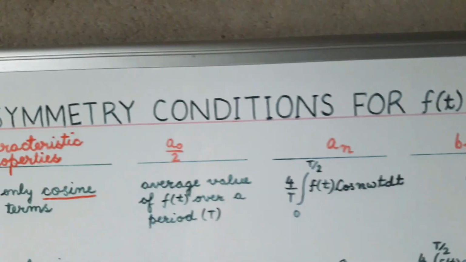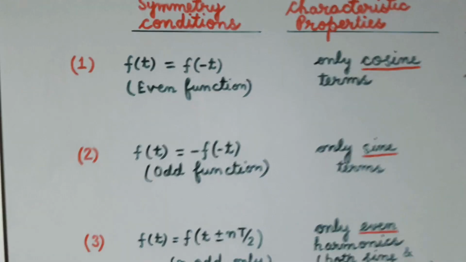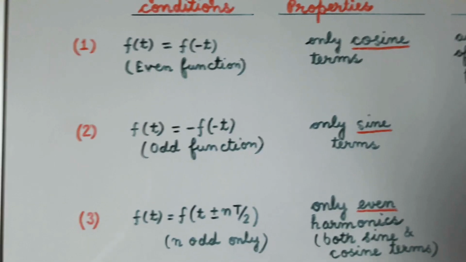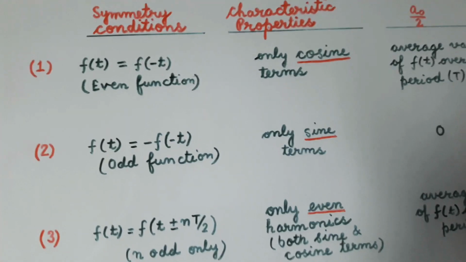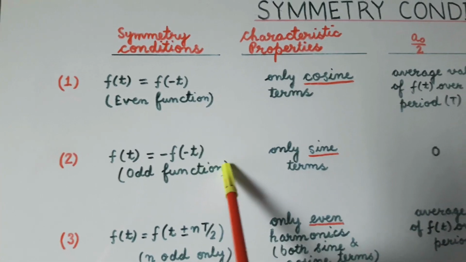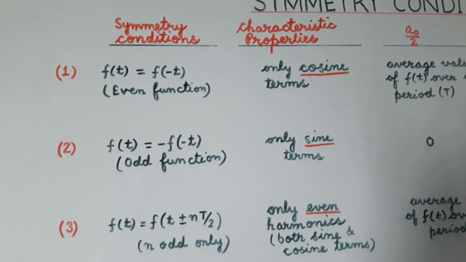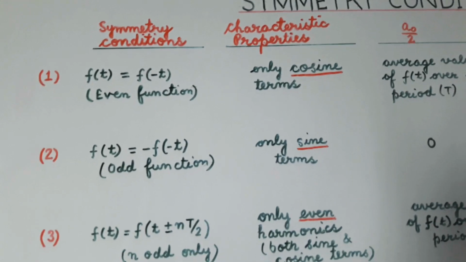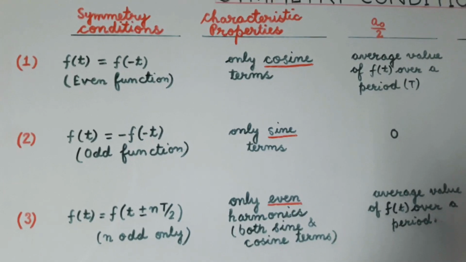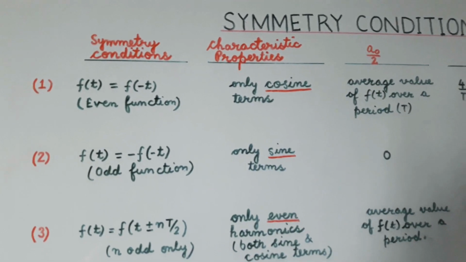Now, let us consider the second condition of symmetry. The second condition is when the function f(t) is equal to minus f(-t); then that function will be known as an odd function. So, if we have an odd function, then its Fourier series will contain only sine terms.